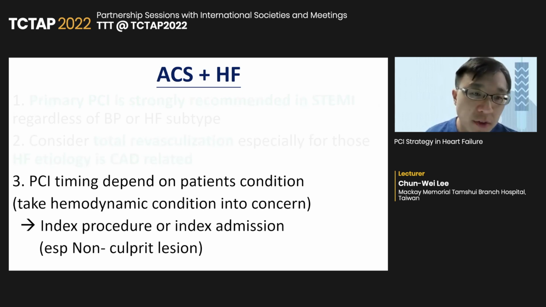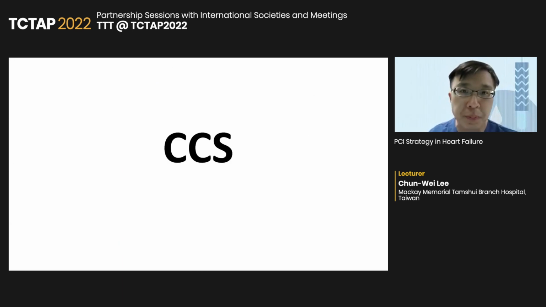However, the PCI timing depends on the patient's condition, which means we need to take the hemodynamic condition into account. For example, for non-culprit lesions, whether we should treat them in the index procedure or index admission.